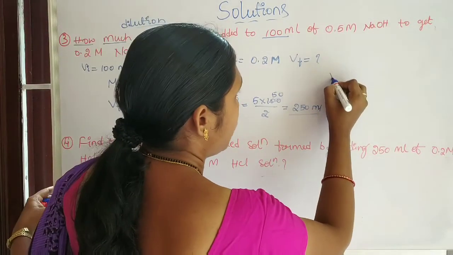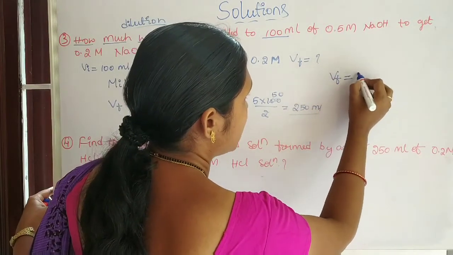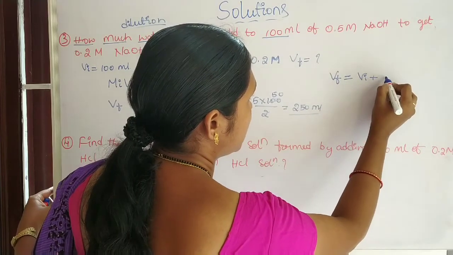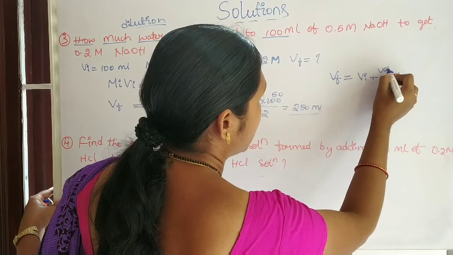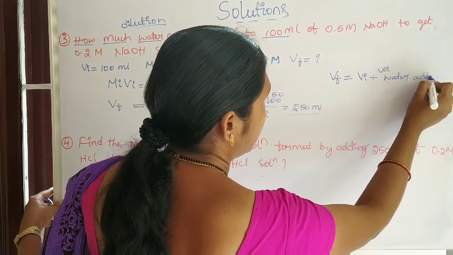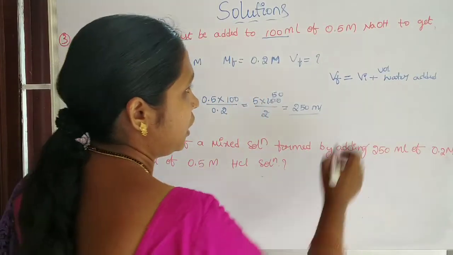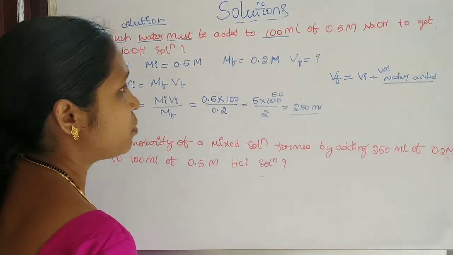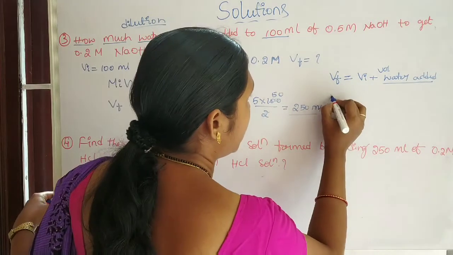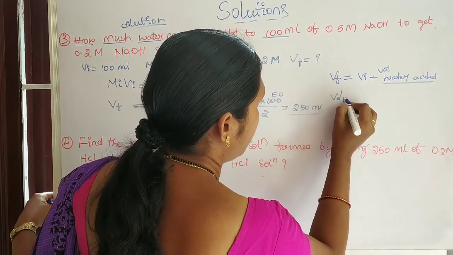Here see, volume of final means volume of initial plus volume of water added. See, here he asked to find out how much water must be added. So write the formula for volume of water.